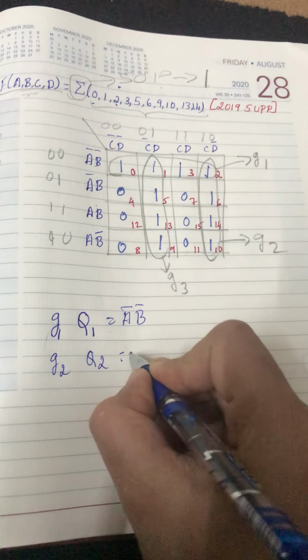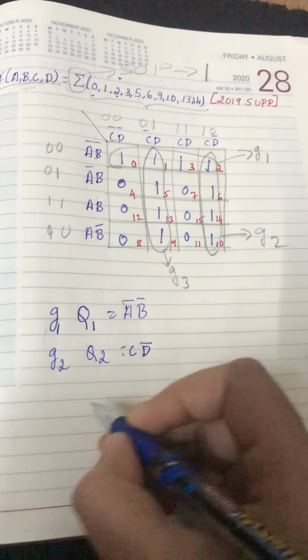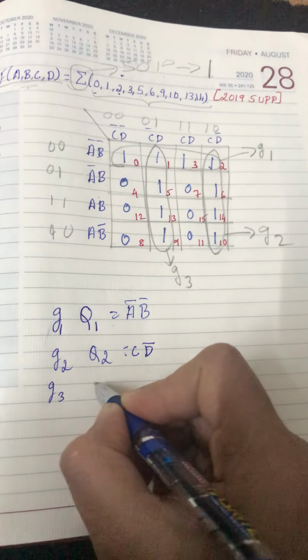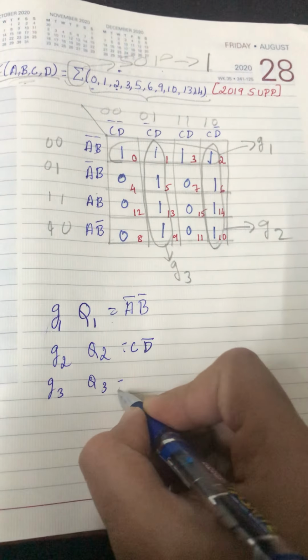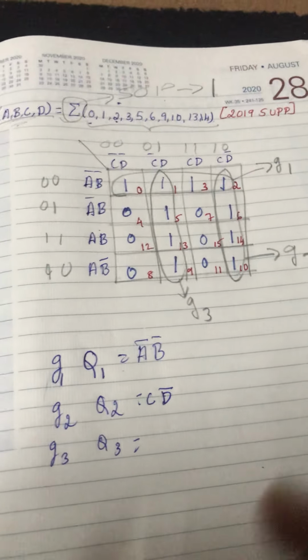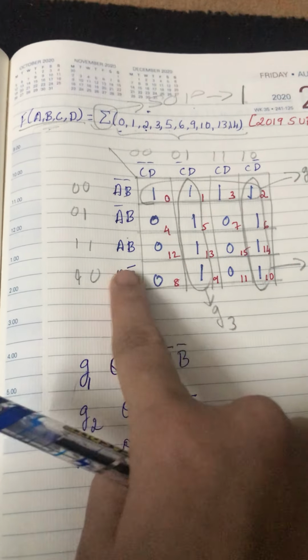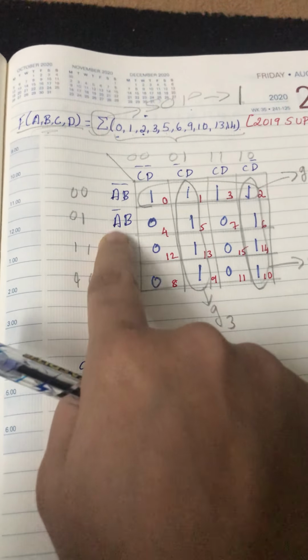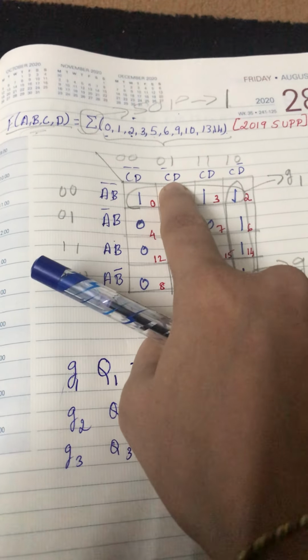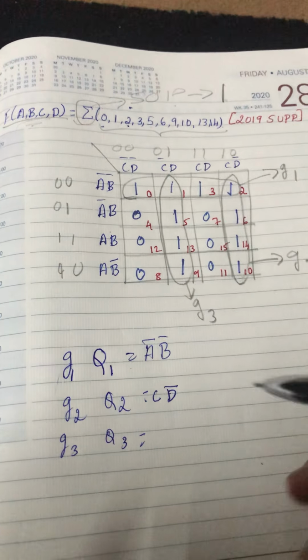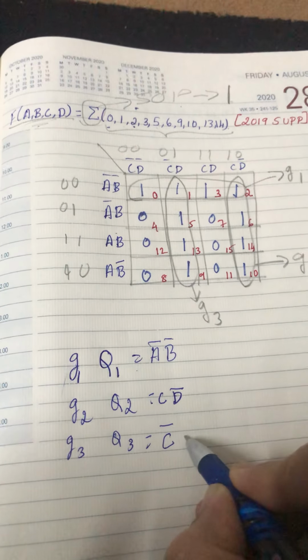Write it down, C, D bar. Next go with G3, that is quad 3. Again go with the rows. In rows you don't have any common terms, so drop the rows. Go with the column, you have C bar, D. So write down C bar, D.